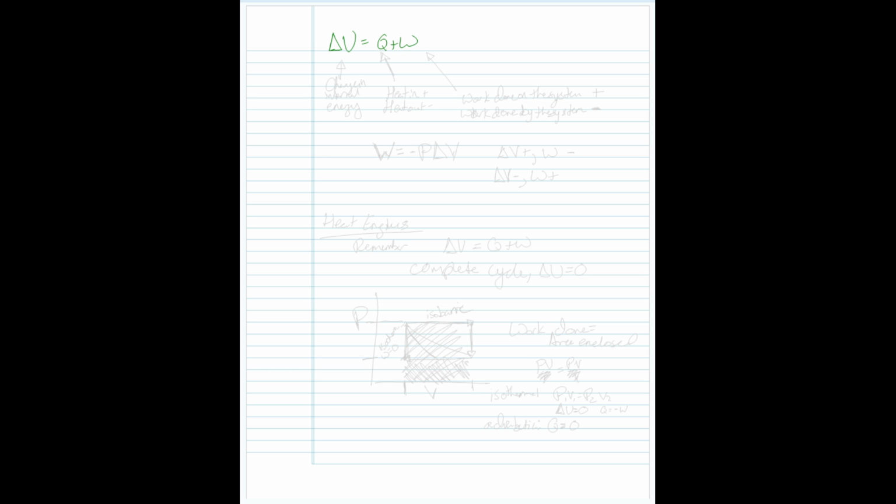Be very careful when looking up references online for help with this topic, because in AP Physics 2 we have a specific definition for this law. This is one of the laws of thermodynamics. Delta U is the change in internal energy.